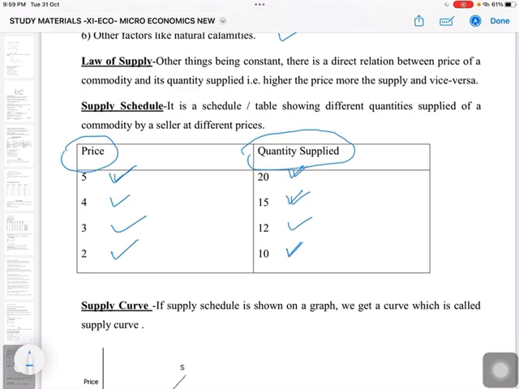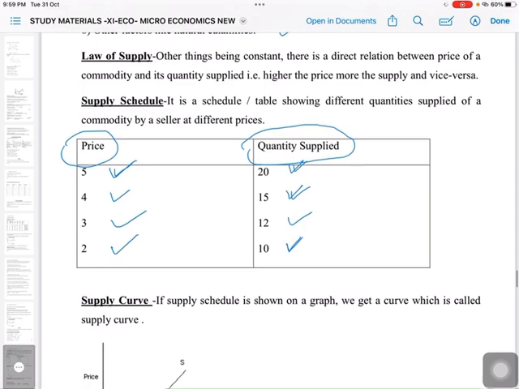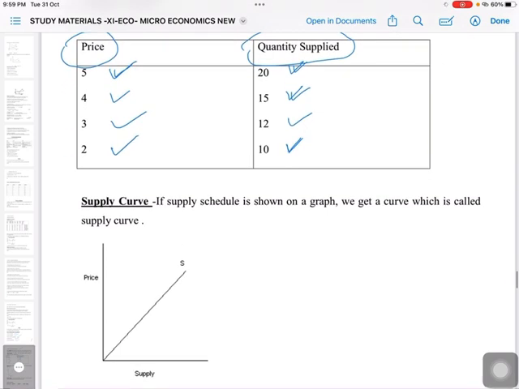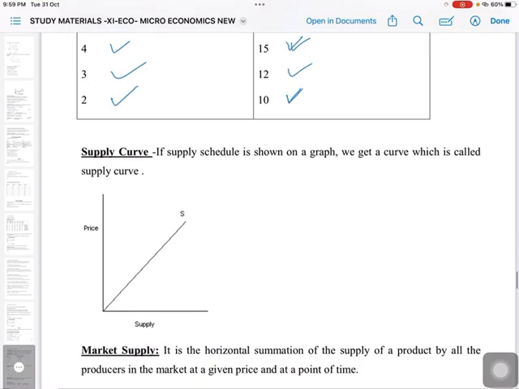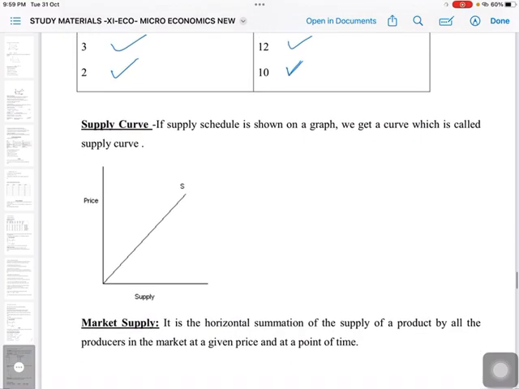So the relationship between price and quantity supply is positive, direct. When this table will be presented in a graph, you find a graph that is upward sloping, positively sloped from left to right.